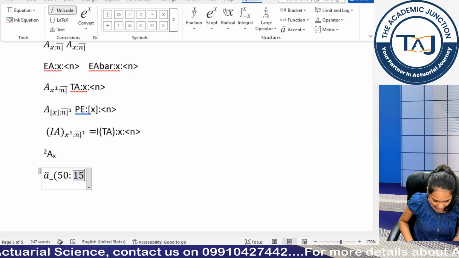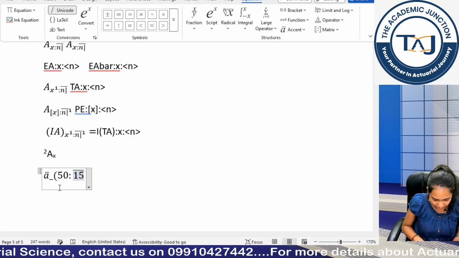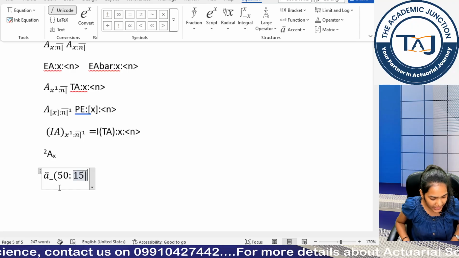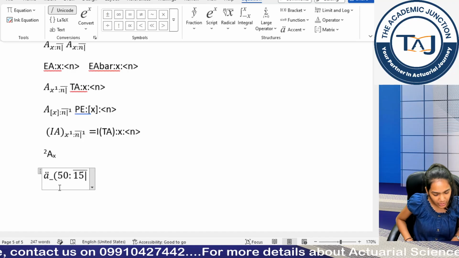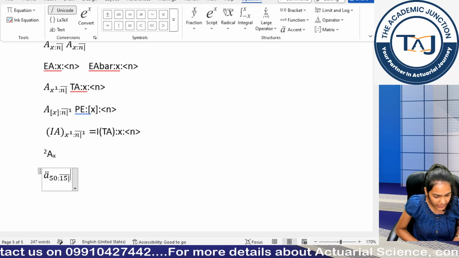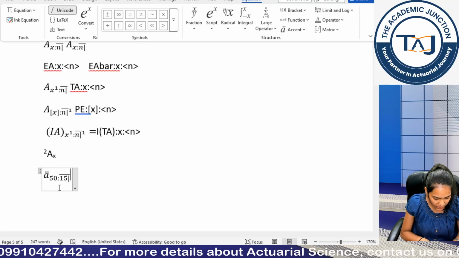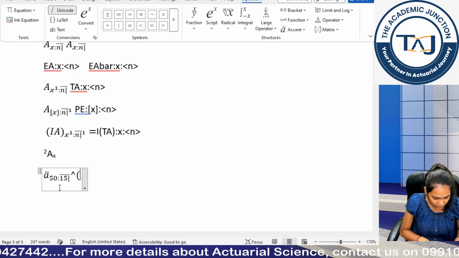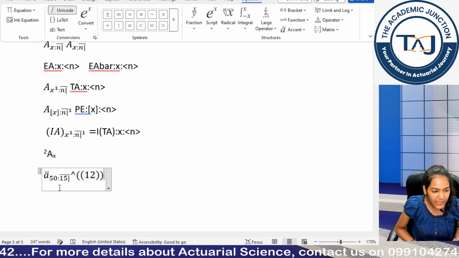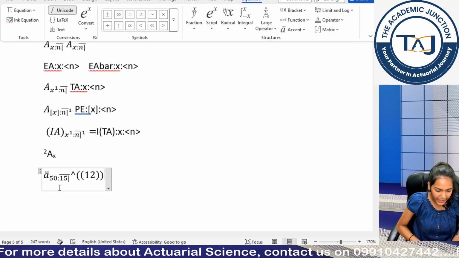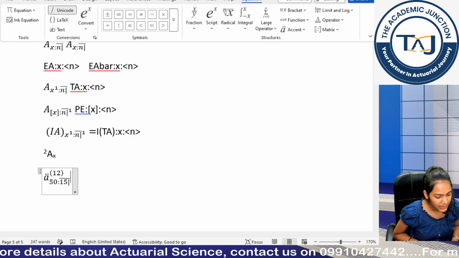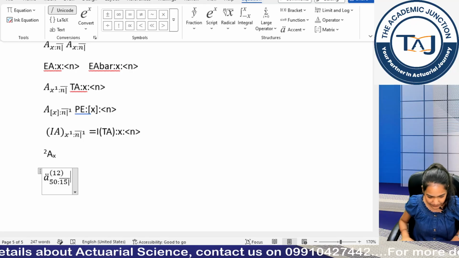Then I will move backward to this thing. I will write this, and move forward to this normal and this. Now I have to write 12 over it also. So this, and I will use double brackets. Why double brackets? Because I want the brackets to show, so it becomes this.